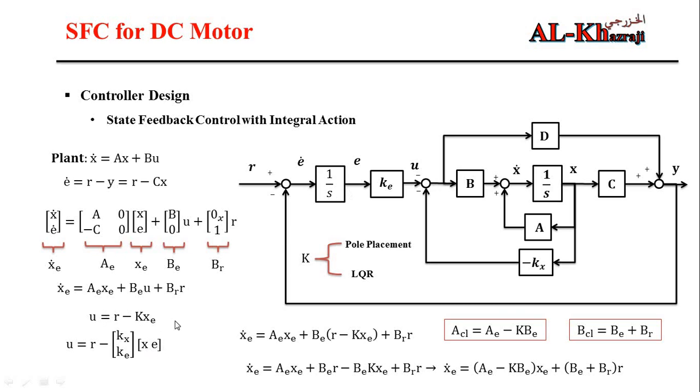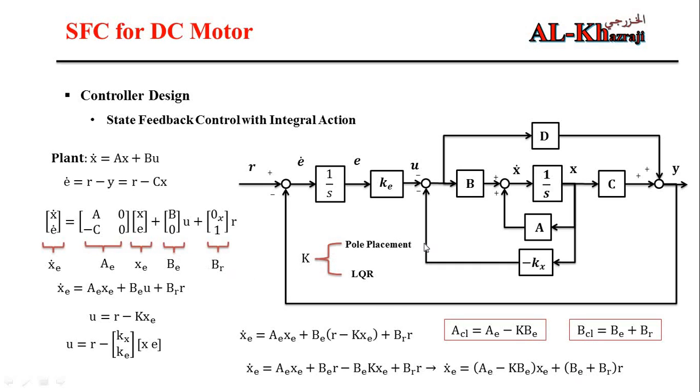By adding this to our equation, we finally end up with A closed loop and B closed loop. A closed loop is AE multiplied by K, a vector with 3 values, and BE, which is the new B. And B closed loop is the summation of BE with BR.